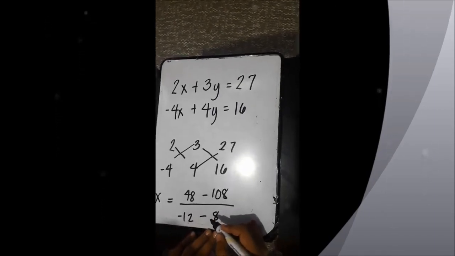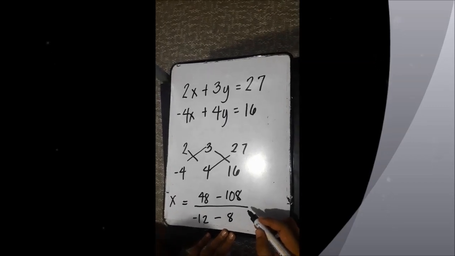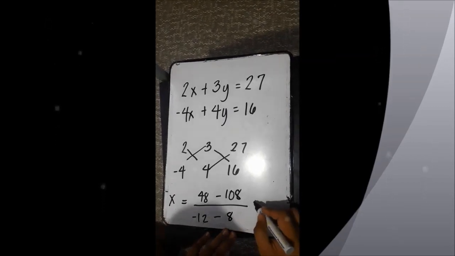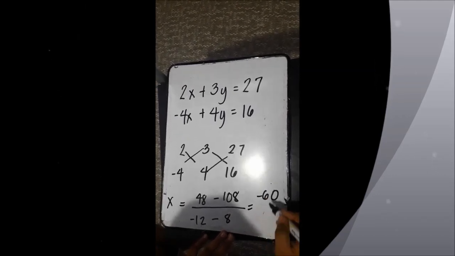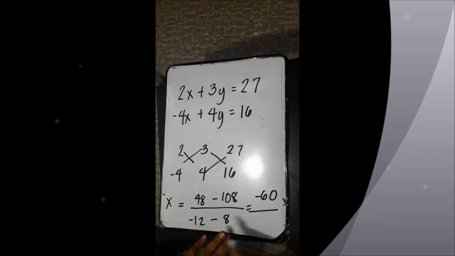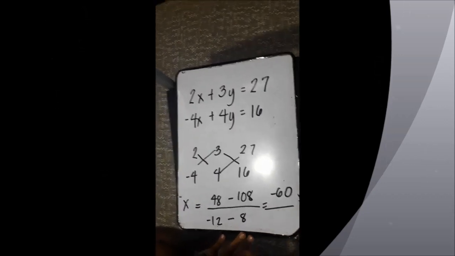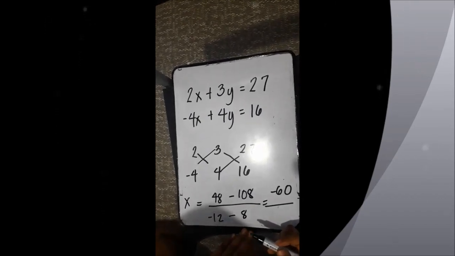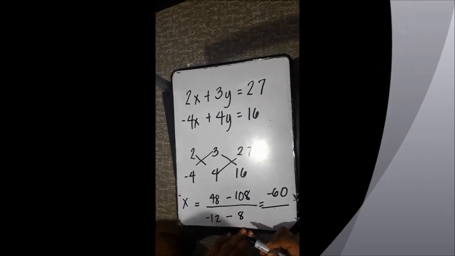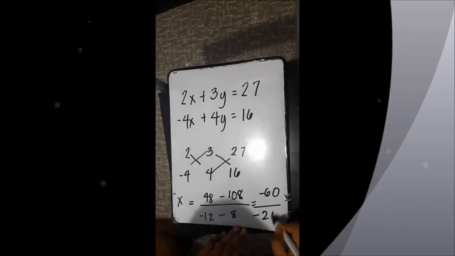So here, simplifying the numerator, I should have negative 60 over, because that's 48 minus 108, that gives me negative 60 over. Here I have negative 12 minus 8, which gives me negative 20.